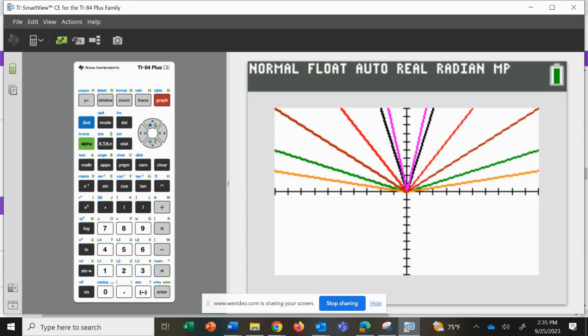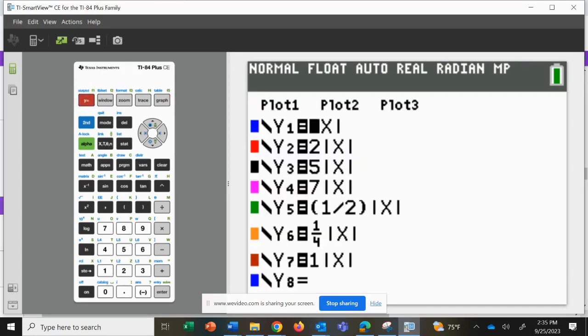What that did is it completely went on top of my blue one because absolute value of X and 1 absolute value of X are exactly the same. So I'm going to be more specific than just it being a whole number.